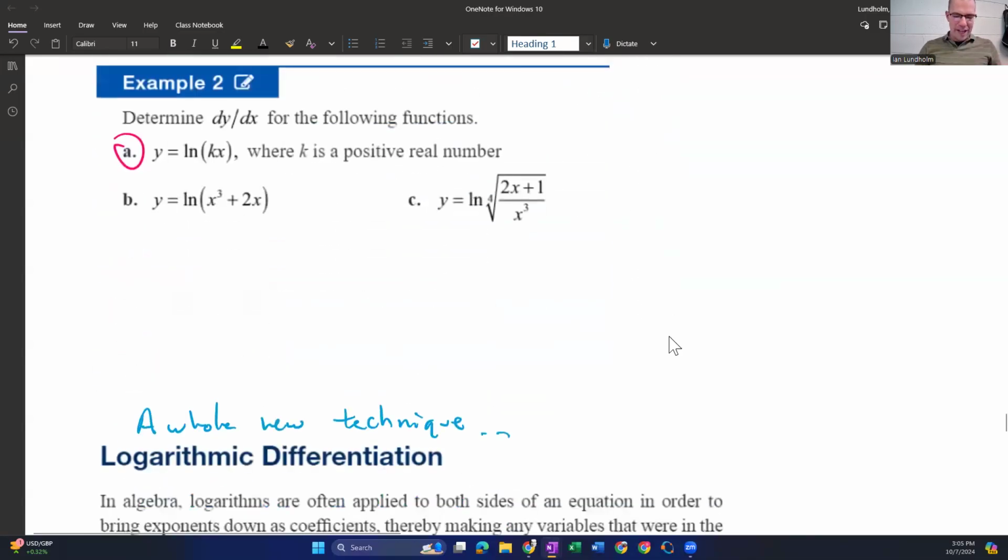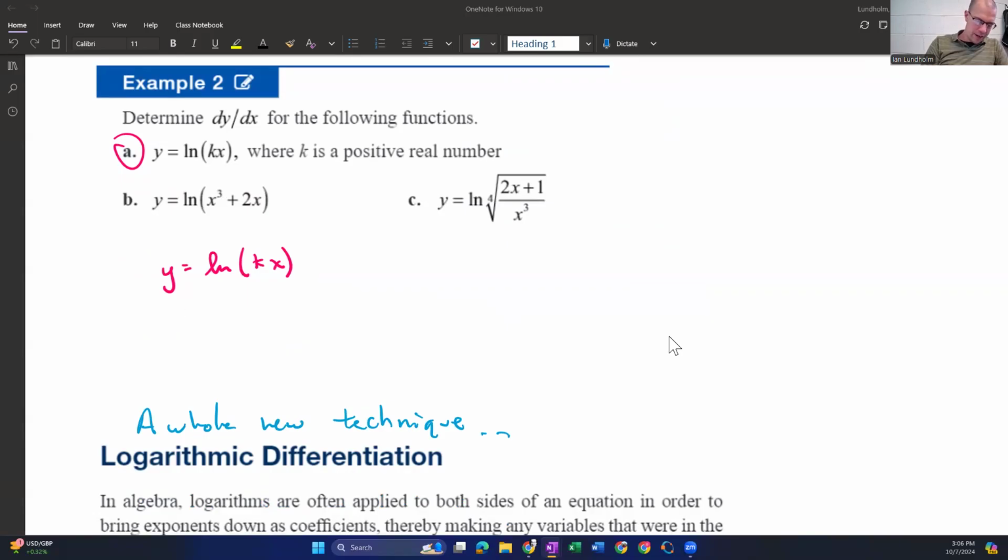I guess for example 2 here, I circled A because it's actually a little bit interesting. The other ones, they're not that bad. It's just applying the formulas that we saw earlier. But if we take the derivative of y equals ln of kx, where k is just a positive real number, you'll notice that things cancel out nicely using the chain rule.